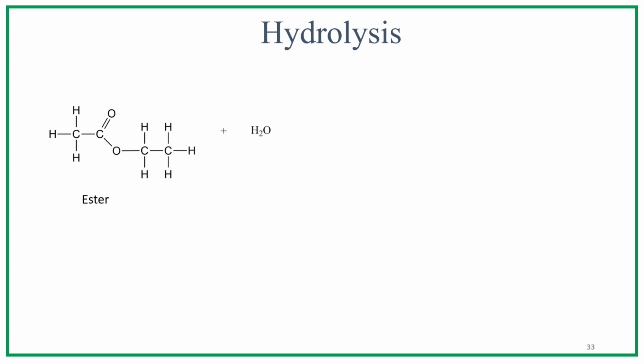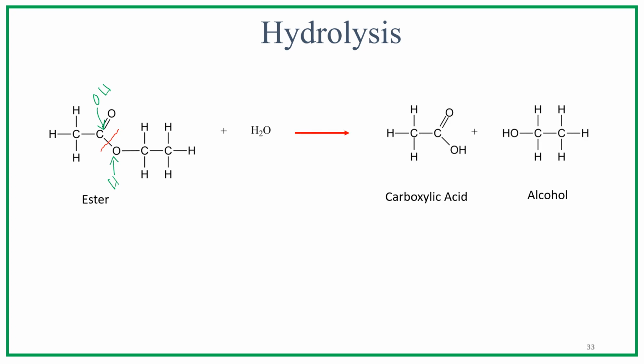Hydrolysis of ester is one example of this type of reaction. The ester bond can break through this carbon oxygen bond, and an OH group can attach to this carbon and H can attach to this oxygen, and they can form carboxylic acid and alcohol.